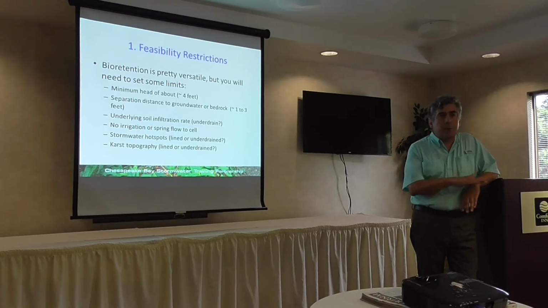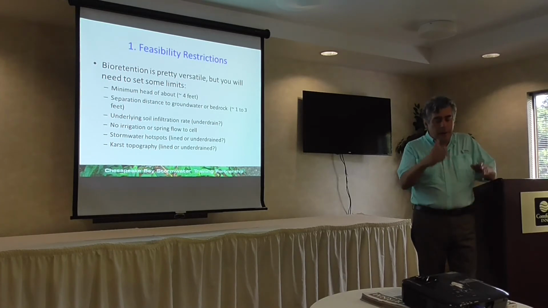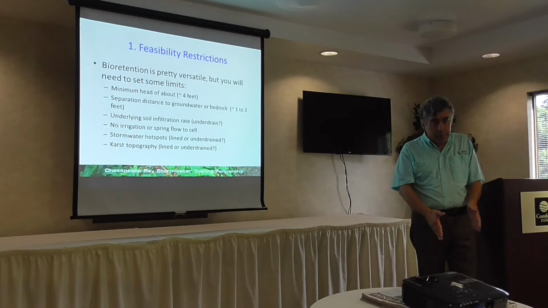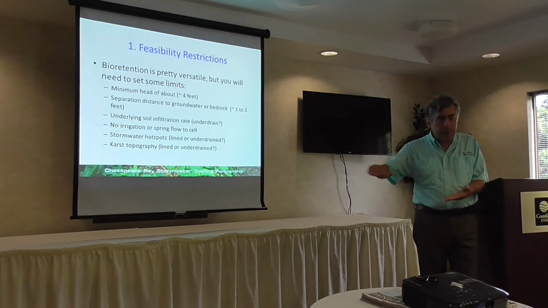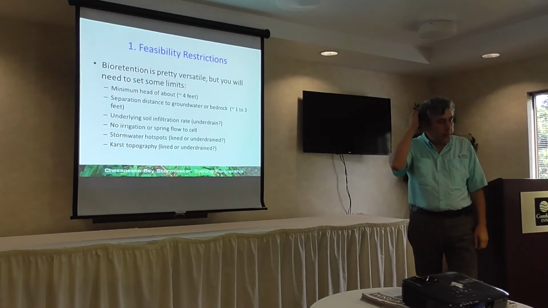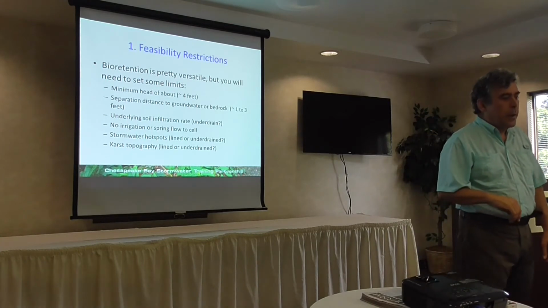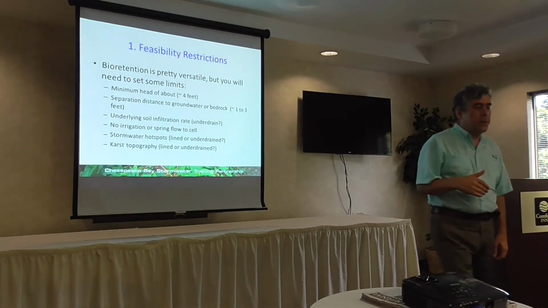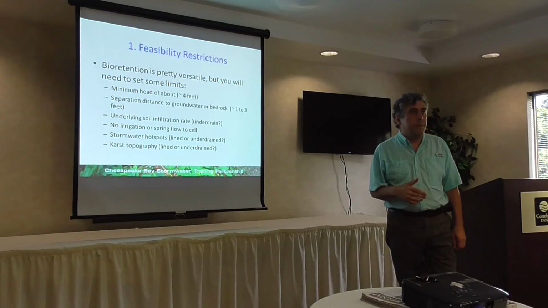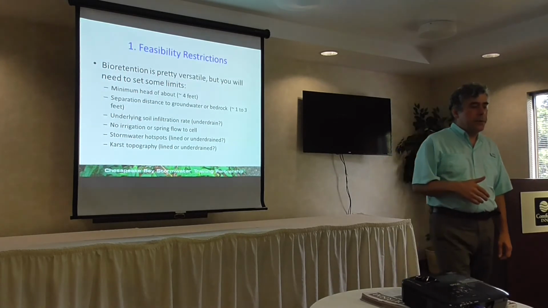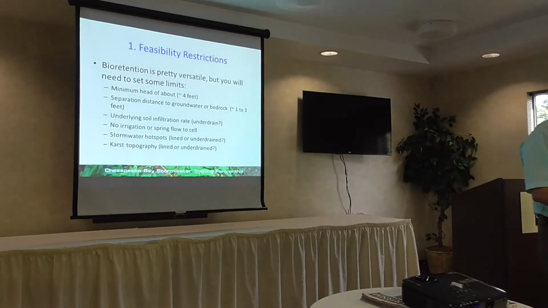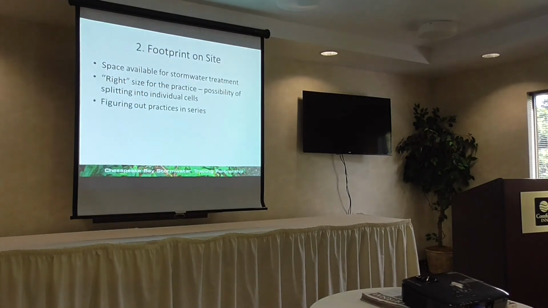That liner is impermeable to keep it from going down gradient and to feed back into the underdrain and daylighting as surface water. And that's a particular concern if you have a lot of karst, because you don't want your bioretention area to become a sinkhole generator.